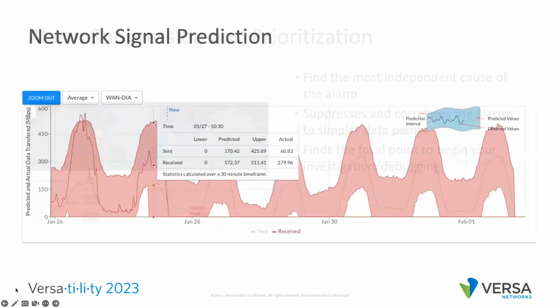Now, the next engine that Wani supports is network signal prediction. And we can predict any network signal. In this case, I'm showing received traffic on a particular branch on a particular interface. So we have granular models that look into each device and each interface and create granular models for each of those and predict them a week in advance.